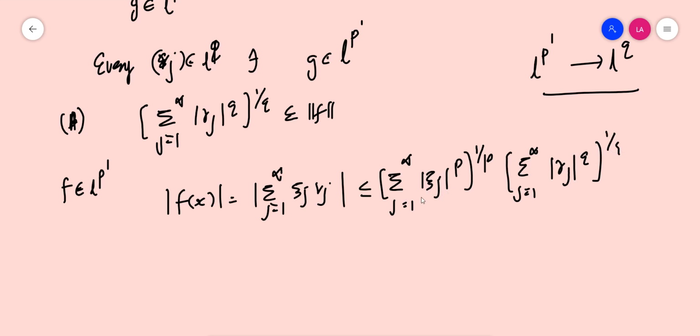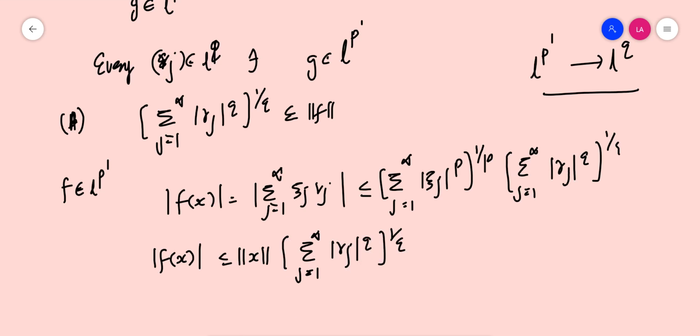Now this is actually norm x, where x is equal to theta j, which we have already defined. So modulus of f of x should be less than or equal to norm x times the summation j equal to 1 to infinity of modulus of gamma j raised to q, the whole raised to 1 by q.